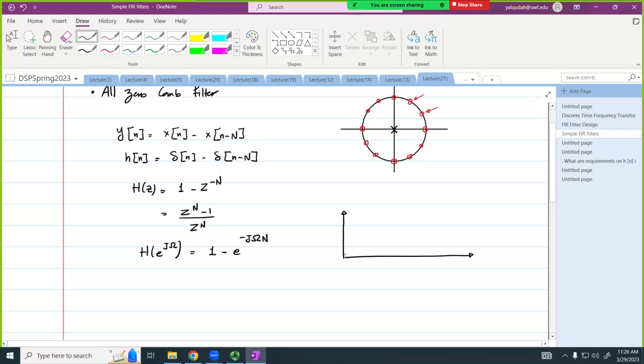And this is going to look something like this, depending on the value of N. Is that clear, everybody?